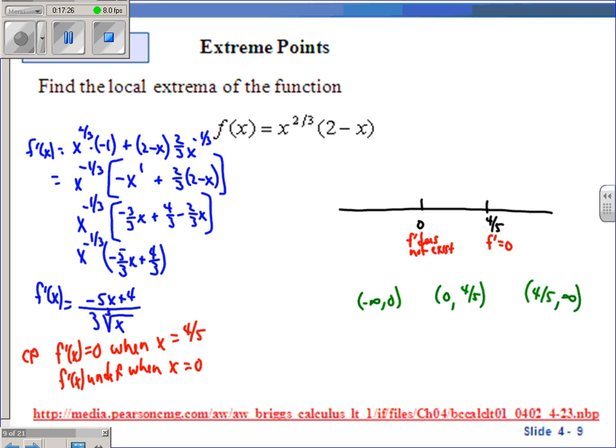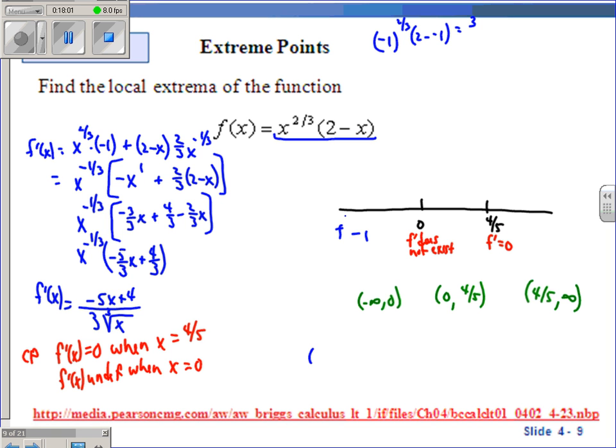So I'm going to pick maybe -1 in the interval negative infinity to 0. If I put -1 into this function, -1 to the 2/3 times 2 minus -1: -1 to the 2/3 is the cube root of -1 squared, which is +1, times 3. So that's going to give me 3. That's f of -1. I think I need f prime though.